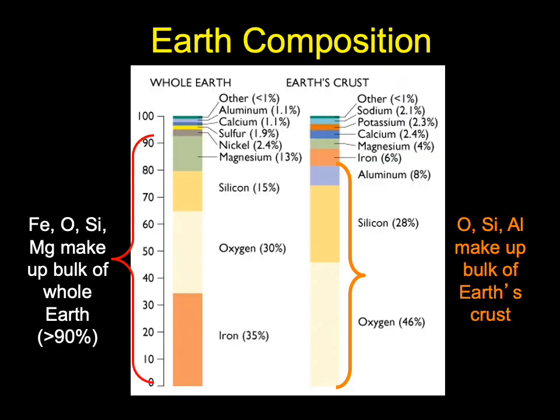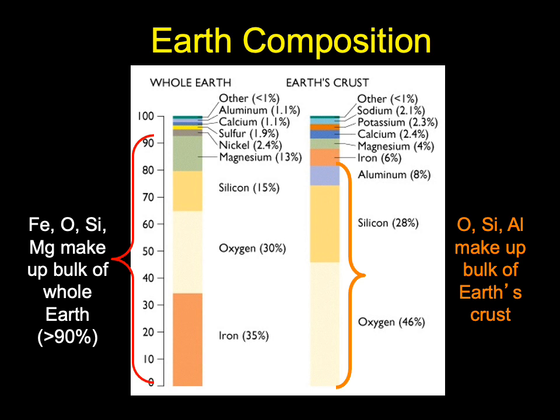So now that we know how we can make minerals, let's talk about the actual constituents of those minerals. So where do we get the composition of the minerals? If we look at the elemental composition of the whole Earth, so if you look at the one on the left here, you can see the 4 most abundant elements in the entire Earth.